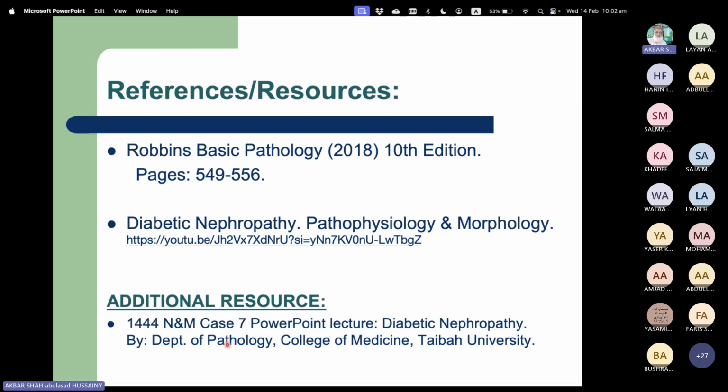And this is the same lecture, but of course, everyone, when they try to deliver a lecture, they have to do it according to their own style. It's very difficult to deliver a lecture prepared by someone else. So I made my own lecture. Most of the material from this is in my lecture, except especially the classification of proteinuria. You'll see that it's very complex. I did not understand myself. How could I explain it to you?